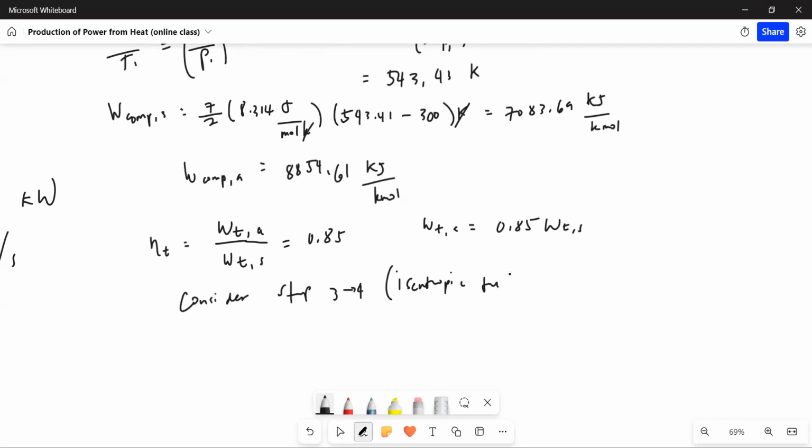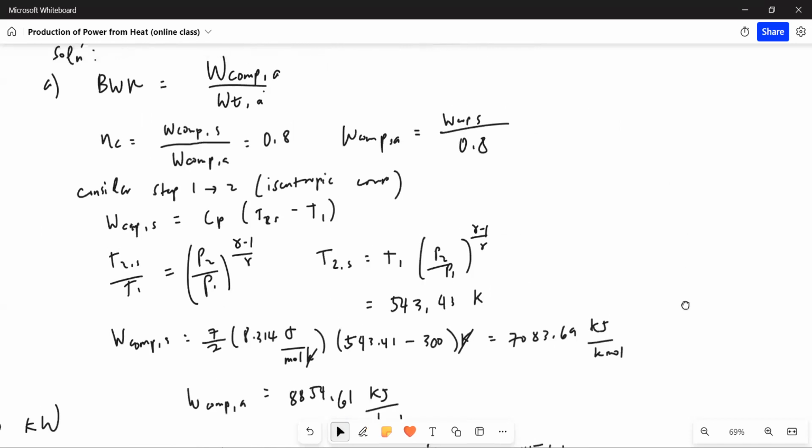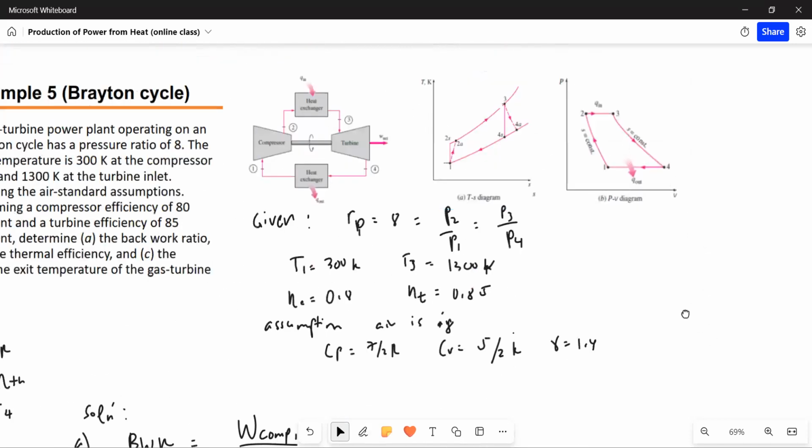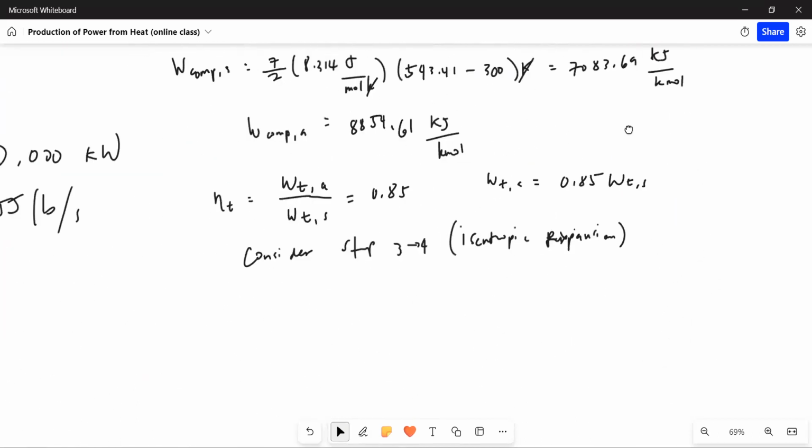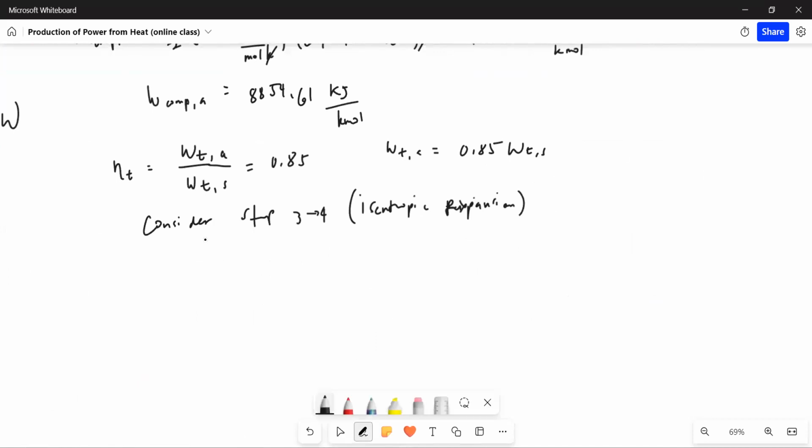Isentropic expansion. 3 to 4, isentropic expansion. That's why it's important for us to be familiar with each cycle, the type of the process for each type of the cycle. So again, since it's isentropic expansion, remember, we can use the following equation.